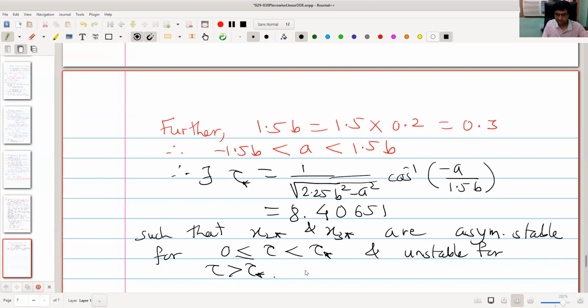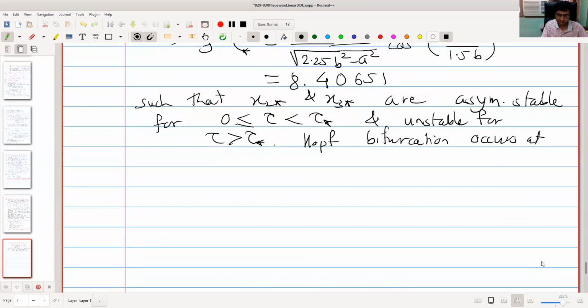Hopf bifurcation occurs at tau equal to tau star.